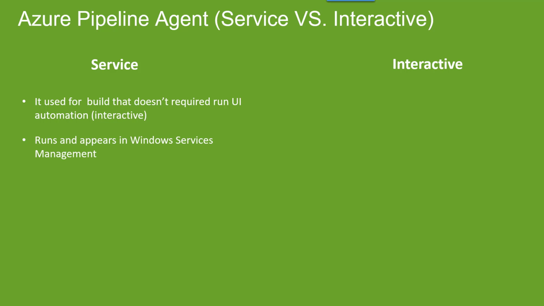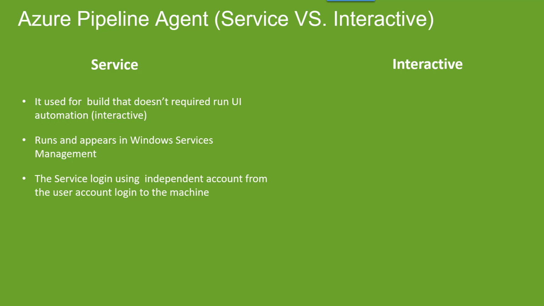It appears in the Windows Services management, as we will see in the demo. Because it's a service, it runs independently of the logged-in user, as a background service on Windows. This is why if I open Windows services, I can see the build agent running.